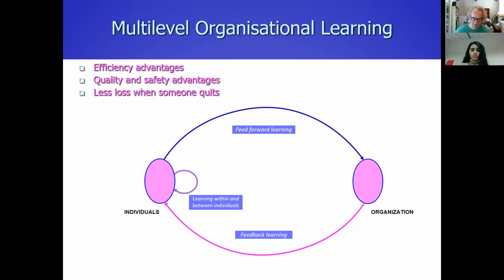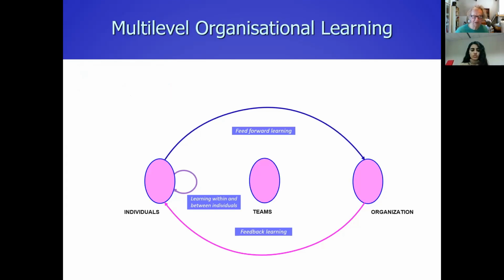So that's the general picture, but as I already told, you can also have an intermediate level, a level of teams. Similar things apply: teams can learn within themselves, or from each other. You can then have feed-forward learning from the individuals to the team, and feedback learning from the teams to individuals.